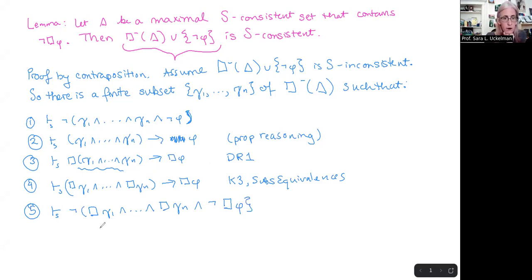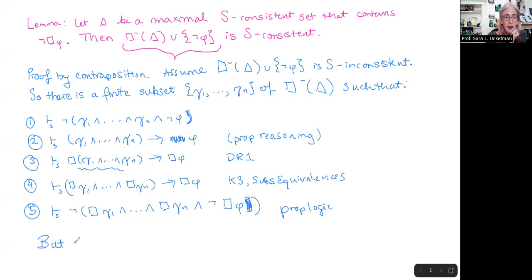Now, we already, oops, again, that needs to be this. So we can prove, again, this is just propositional logic, that we can't have a conjunction of the necessities of all of the gammas and the non-necessity of phi.